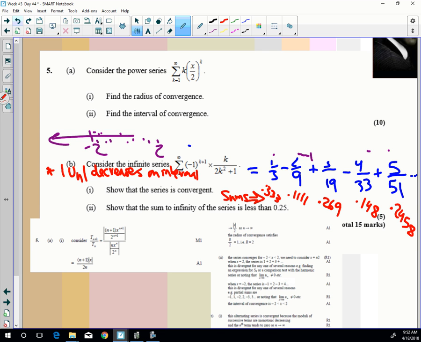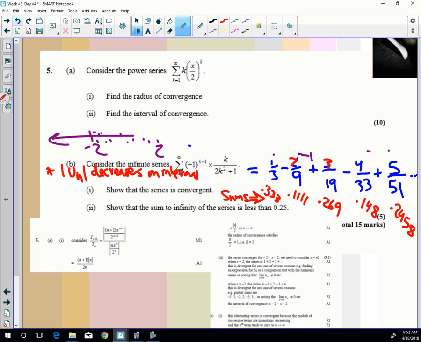And so what you could do is you could just list these. Here are what the terms are: 1/3, 2/9, 3/19, 4/33, 5/51. Are these values getting smaller? Yeah. So those are decreasing.